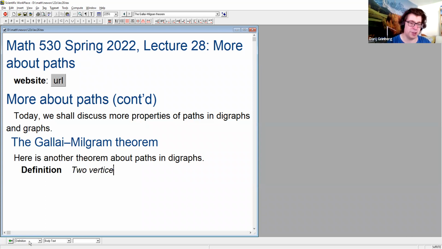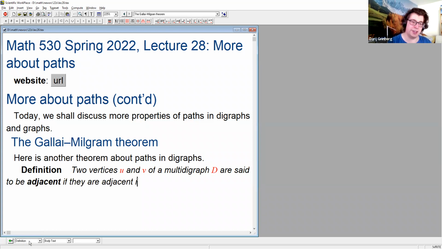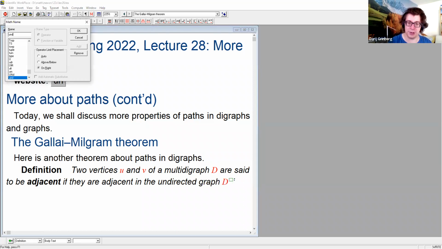Two vertices U and V of a multi-digraph D are said to be adjacent if they are adjacent in the undirected graph, D undirected.